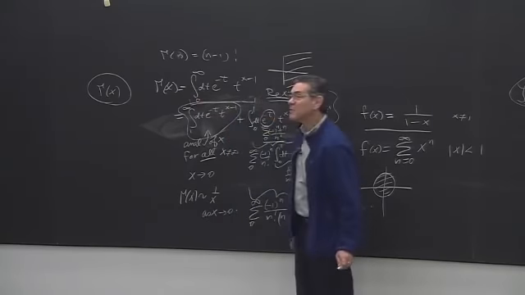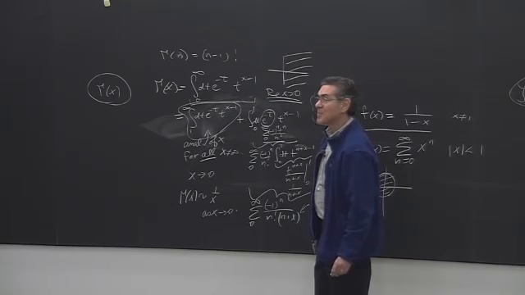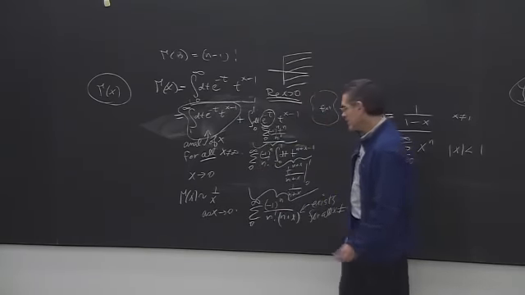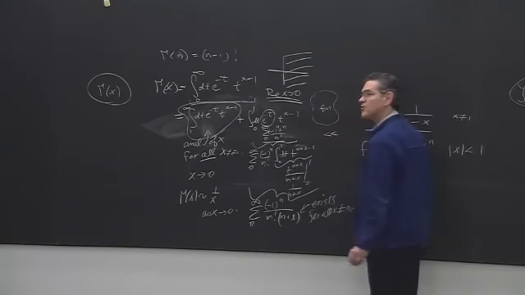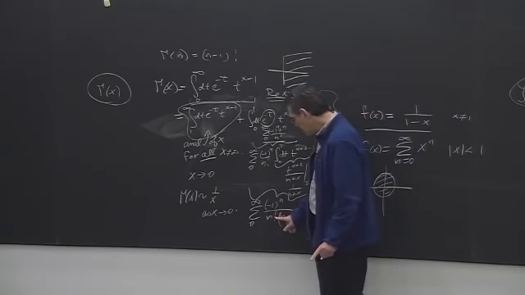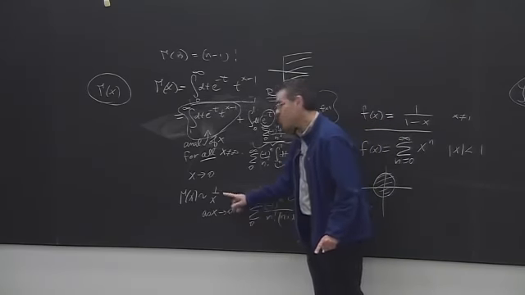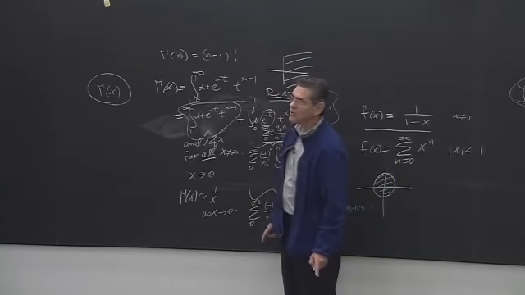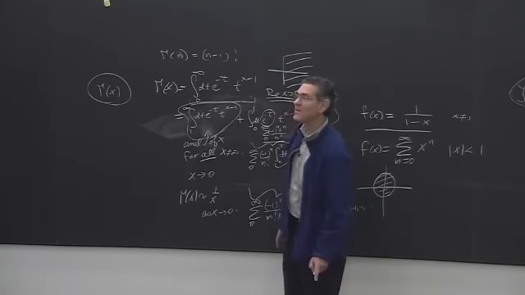Gamma is a terribly complicated function. But using asymptotics, I know that everything is negligible in that sense as x goes to 0, except for the very first term in this series, which is just 1 over x. So gamma of x behaves like 1 over x as x goes to 0. Therefore, it's infinite.